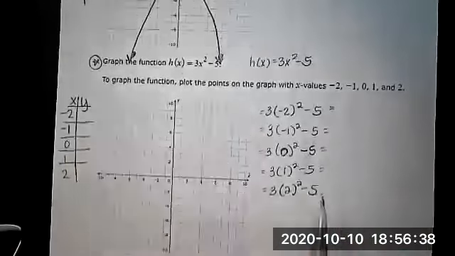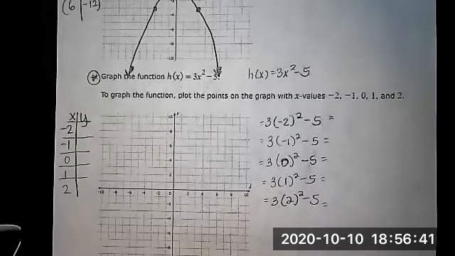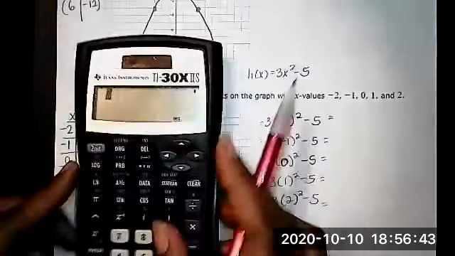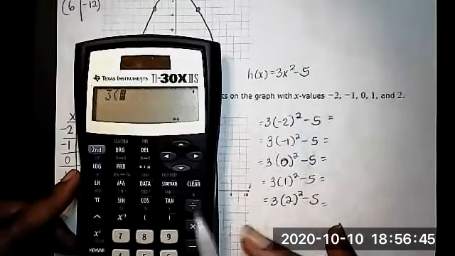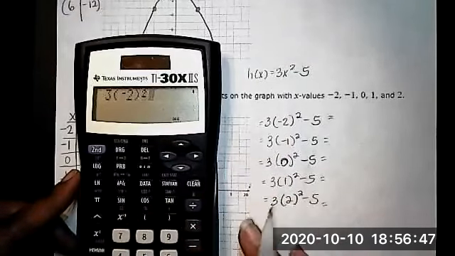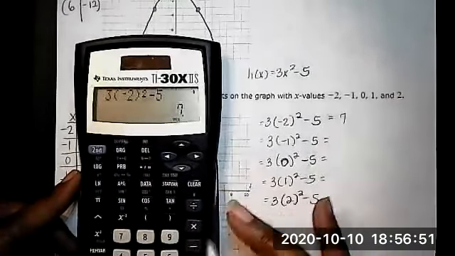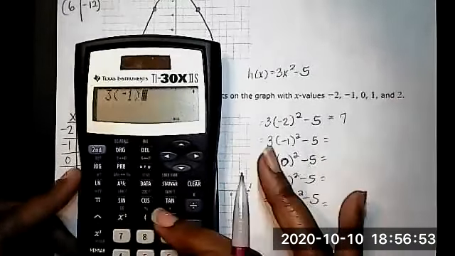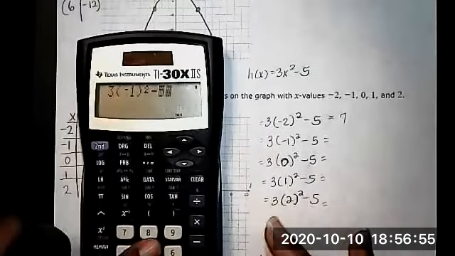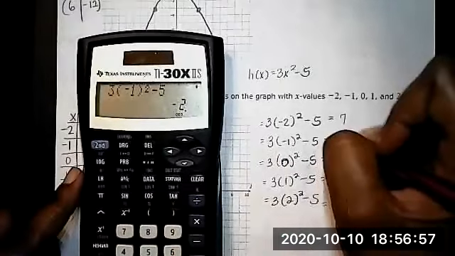All right, so let's see what happens there. We put that in our calculator. We'll have 3 times -2 squared minus 5. Our answer is 7. 3 times -1 squared minus 5 is -2.